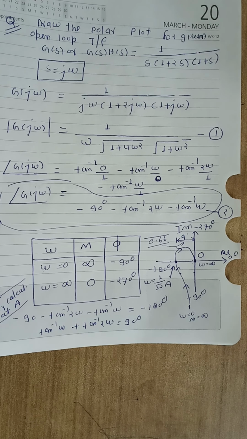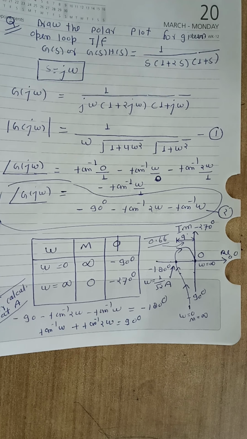So if we want to determine stability for a closed loop system according to open loop transfer function, first we have to know what is gain margin and what is phase margin. After that, with the help of knowledge of gain margin and phase margin, we can define whether a system is stable, unstable or marginally stable.